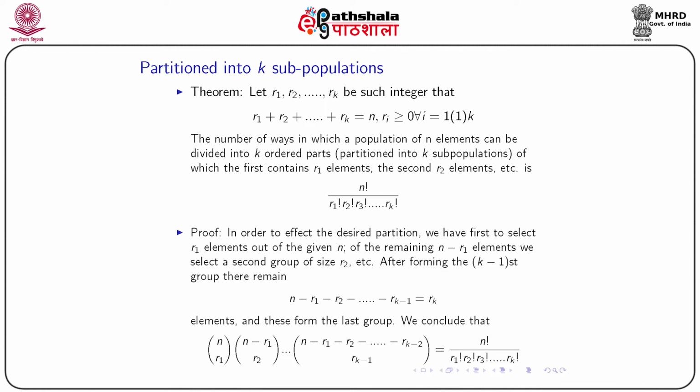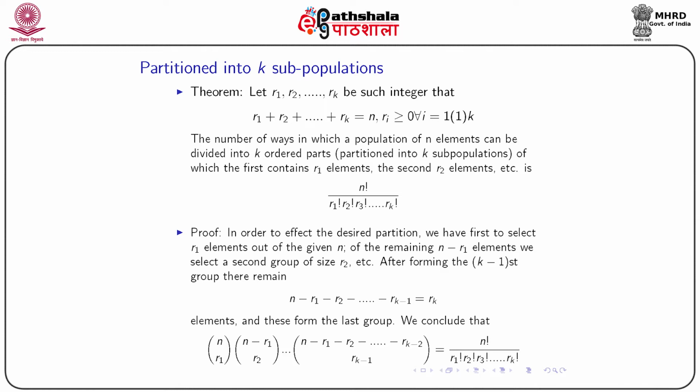The number of ways in which a population of n elements can be divided into k ordered parts, that is, partitioned into k subpopulations, of which the first contains r1 elements, the second contains r2 elements, the third contains r3 elements, and so on, can be expressed as n factorial over r1 factorial times r2 factorial times r3 factorial times ... times rk factorial.